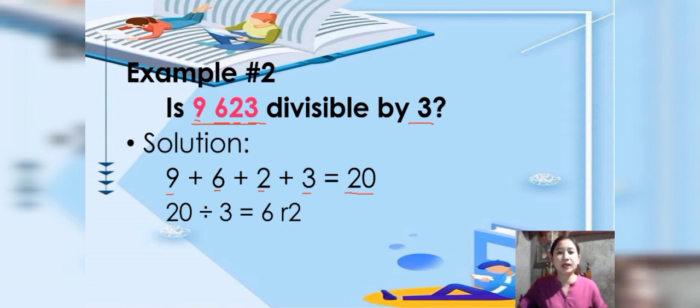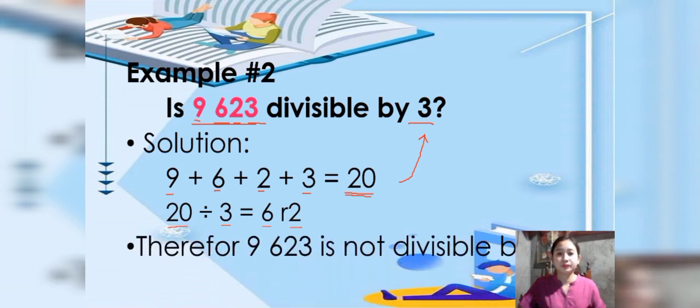Let us now check whether 20 is divisible by 3. 20 divided by 3, the quotient is 6, remainder 2. There is a remainder, so therefore 9,623 is not divisible by 3.